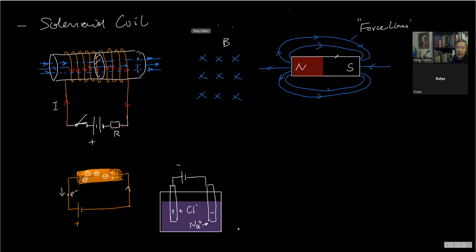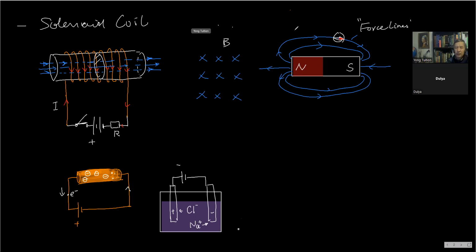The reason we call it a force line: if you put a magnetic compass there, the compass will automatically align itself. The compass has a north and also a south. It automatically aligns so that the needle is parallel to the tangent direction.